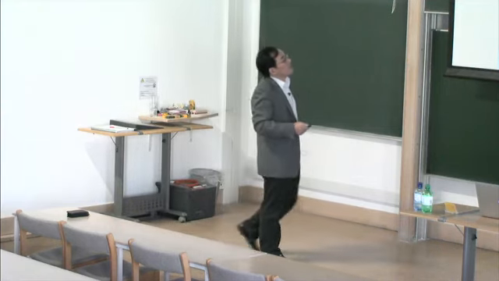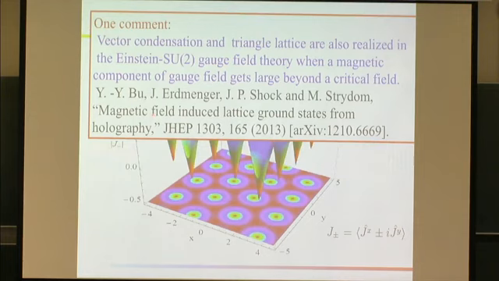Actually, last year, Pu Yan and Johanna Erdmenger and Schock and his student wrote a paper where similar phenomenology is found in this model. This is a vector condensation and the triangle lattice also realized in the Einstein SU(2) gauge fields, when the magnetic component of the gauge fields gets larger beyond the critical value.